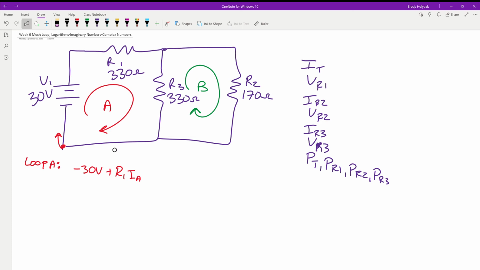Then we come to this next component. How are we going to get this voltage drop? What are your guys' thoughts? How do we get voltage? Resistance times current. Okay. In this case, we have two loops going through this one component. So we have to look at what direction we have going. We have the red current coming down.